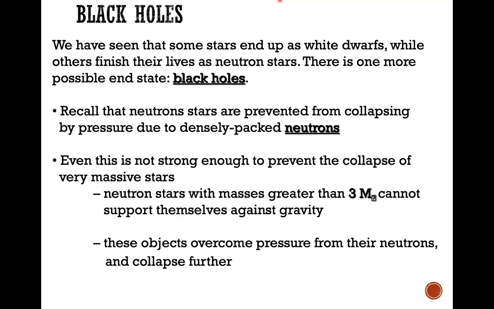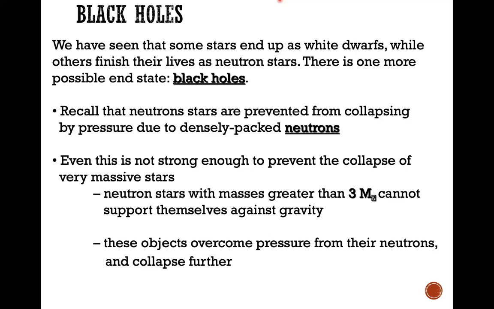The gravity is higher, so that the neutron degenerate pressure cannot hold the collapse. Now, when this happens, there is nothing to stop the collapse of the star towards the central region, right? So these objects will overcome the pressure from their neutrons and will collapse further, right?